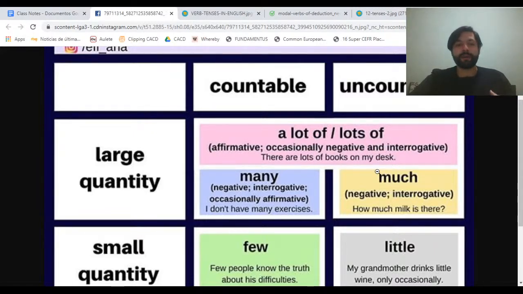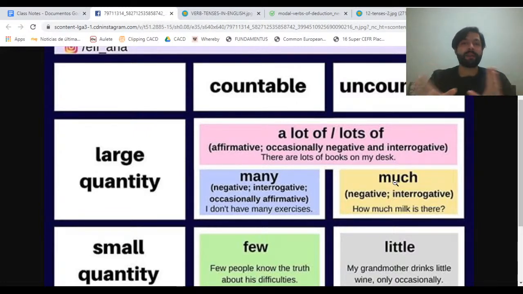So the highest frequency of a lot of and lots of is going to happen in affirmative sentences. For example, there are lots of books on my desk, or there is a lot of books on my desk. The same thing. A lot of, lots of, there's no difference between them. Many and much.